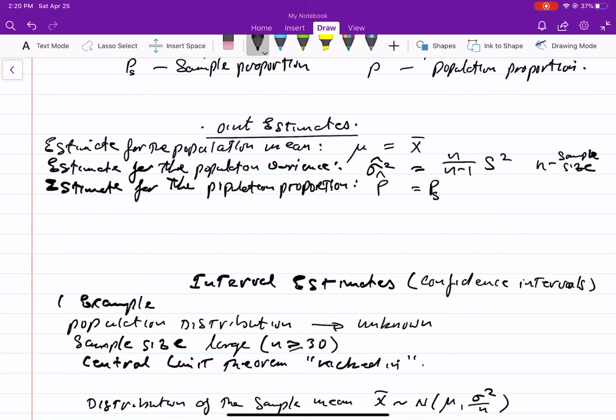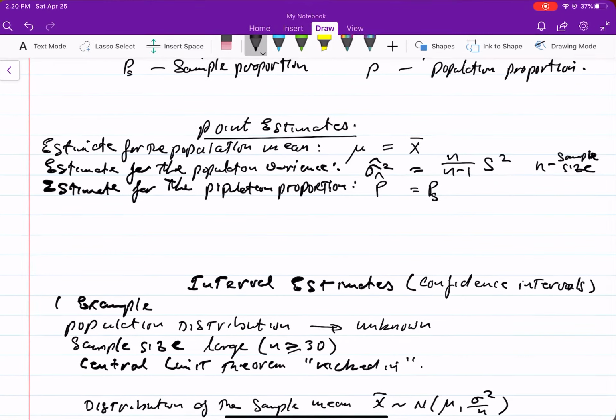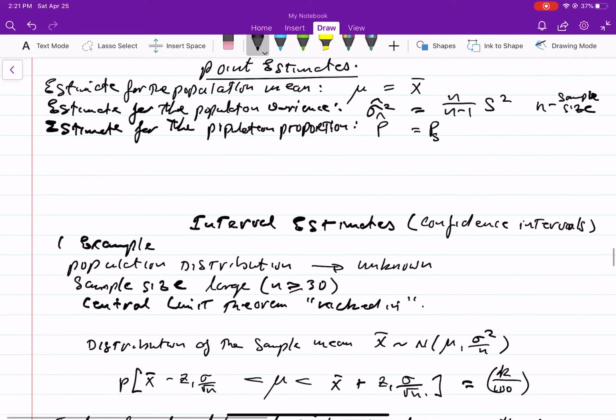We also talked about interval estimates. This is a good time to review some of these ideas.